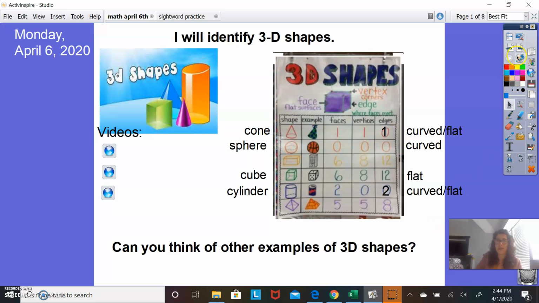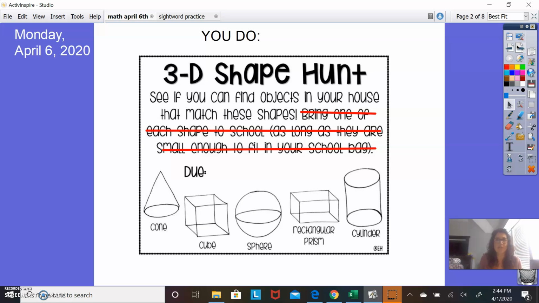On Monday, after you watched the lesson and after you watched the videos that I provided for you, you were going on a 3D shape hunt in your home. And when I talked to you on Monday, I gave you some examples of different things I found in my home, like an orange for the sphere.